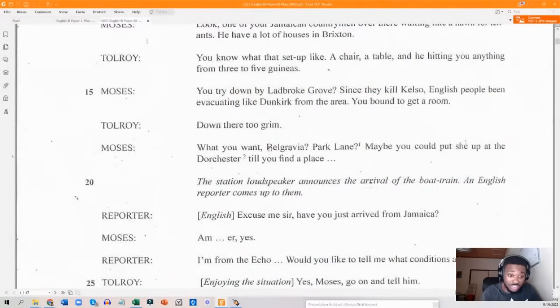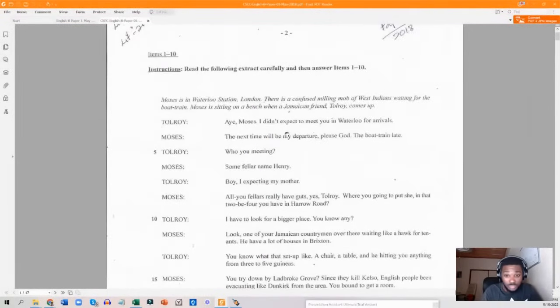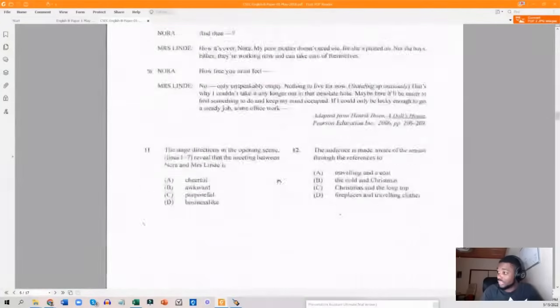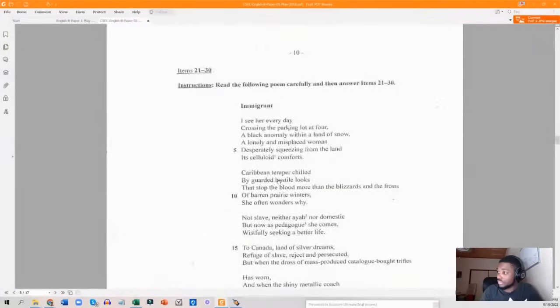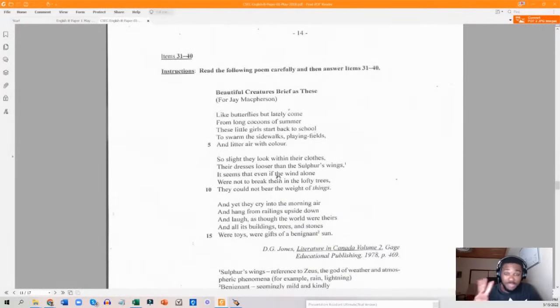So look at this now, guys. This passage is repeated. Tolroy is repeated, right? And then we come down here. Yeah. So we have two whole passages repeated.